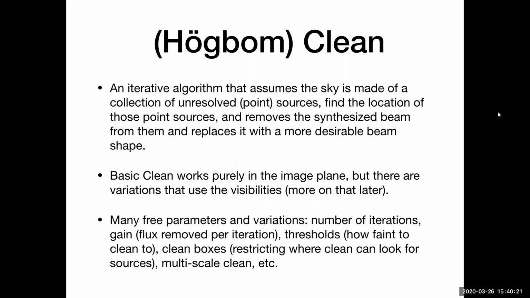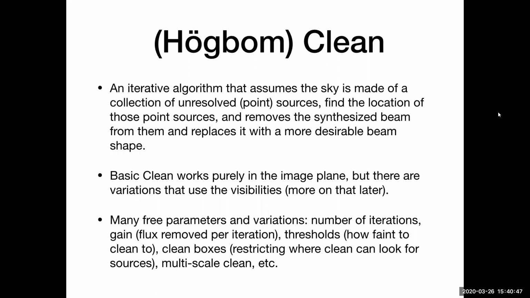Basically, it tries to model the sky as a collection of little delta function sources at different locations, and replace all the sources that are convolved with the synthesized beam with effectively delta functions, or something that at least has a more desirable beam shape. I'll walk through the steps on the next slide.